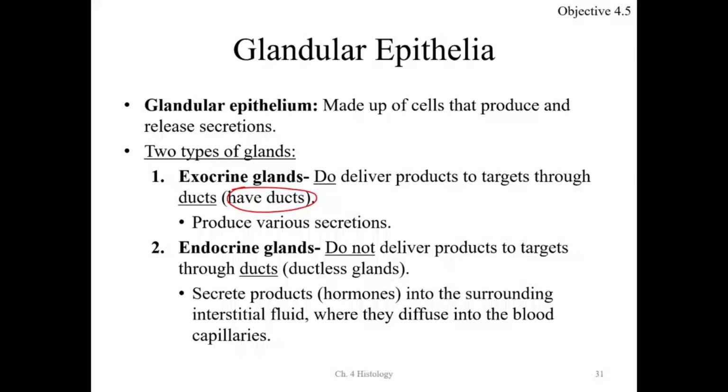Endocrine is ductless. They do not have ducts, so they do not deliver products to targets through a duct. They secrete into the fluid around the gland, and that diffuses into blood.